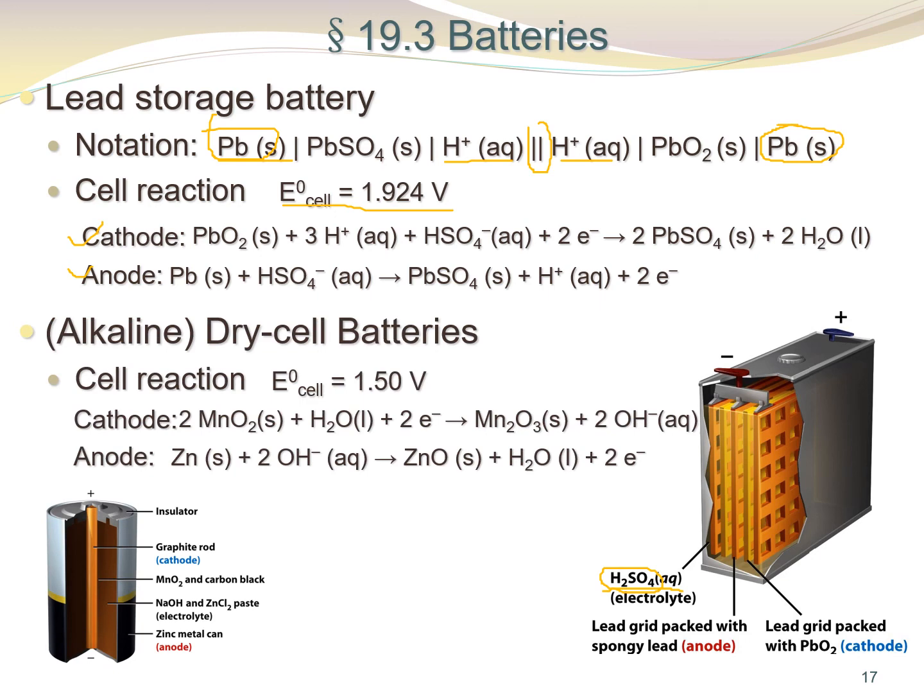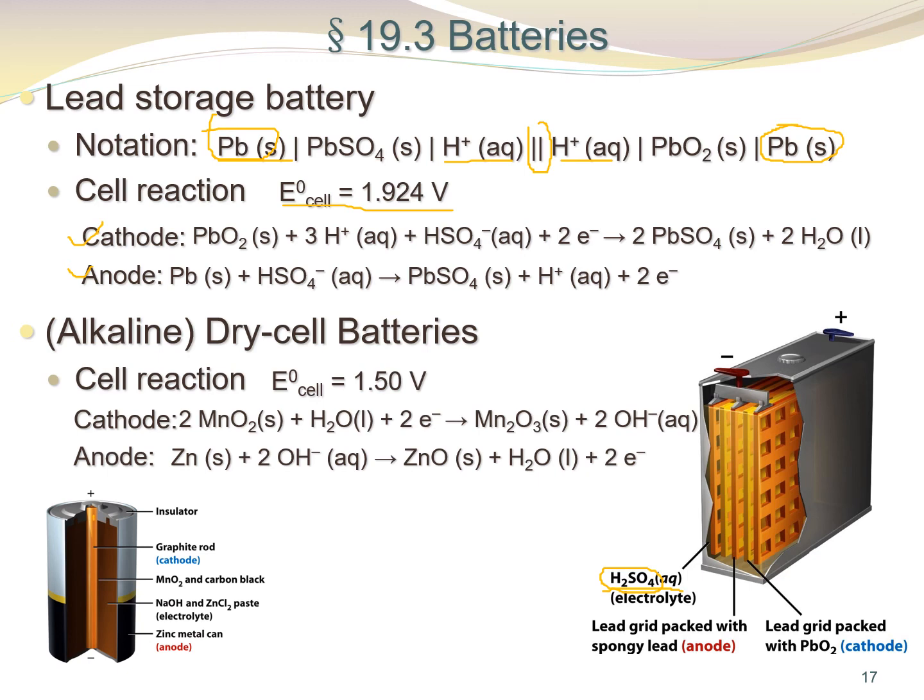The second battery is the battery that we use a lot for small devices. So this battery is called an alkaline battery. And this type of battery gives a voltage, the potential of the cell, of 1.50 volts. And as you can see, the bottom is the negative, so the anode. The top is the cathode.